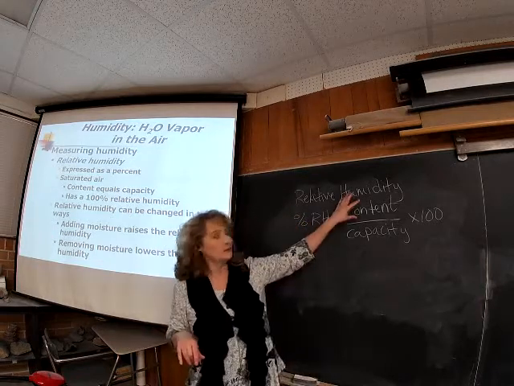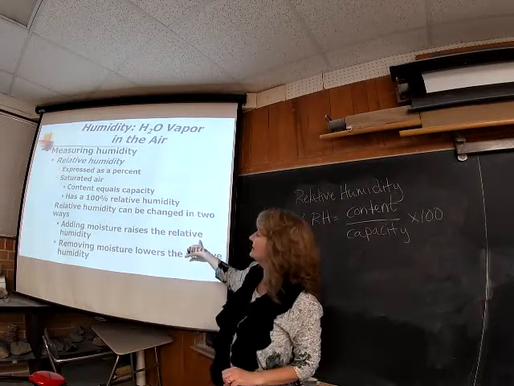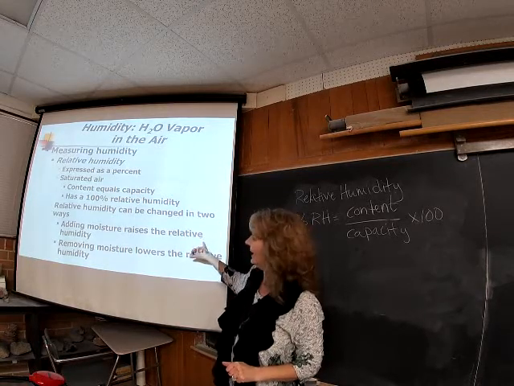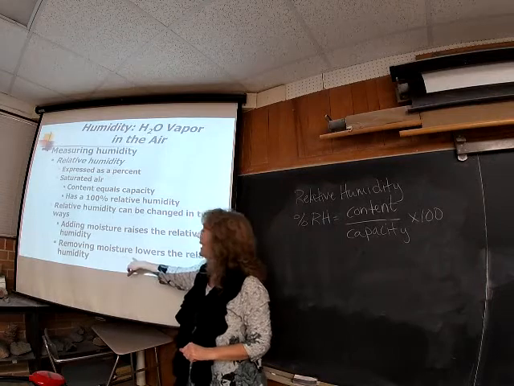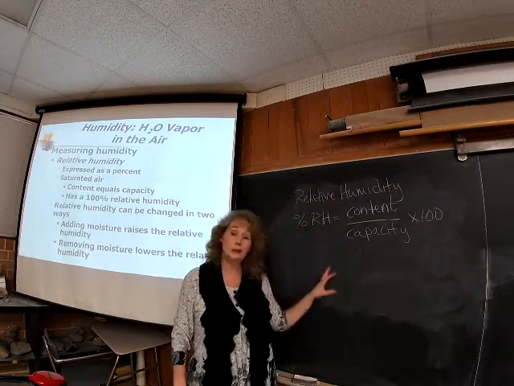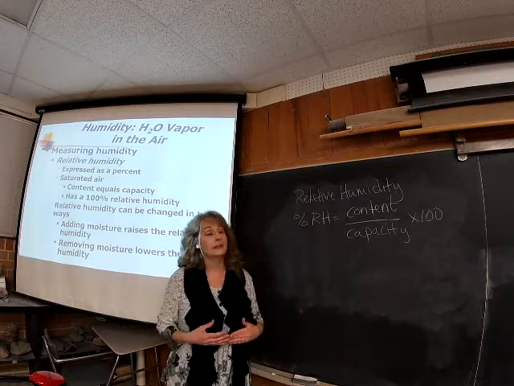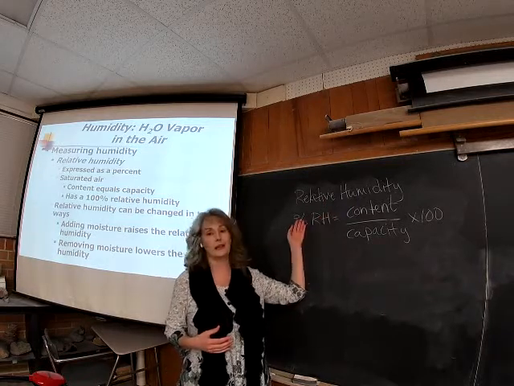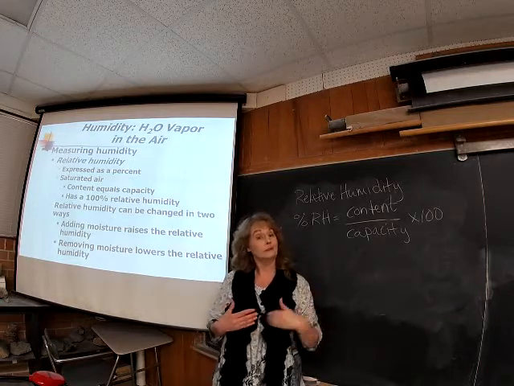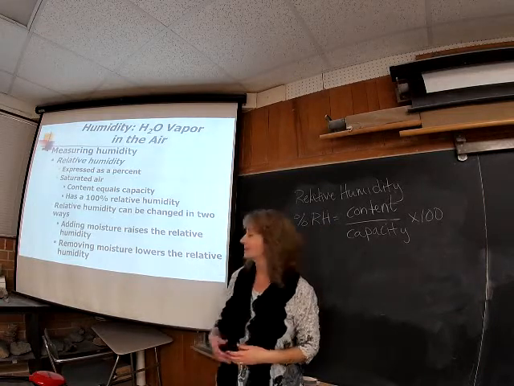We got a bigger number up here. So we would increase the relative humidity by adding more moisture in. Okay, well, what if we took some moisture out? So we took out some of that content. That would lower your relative humidity. So that is a direct proportionality, right? Adding water in or removing water, increasing or decreasing relative humidity.